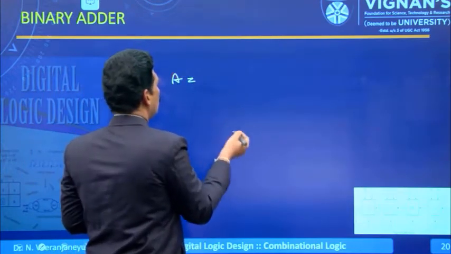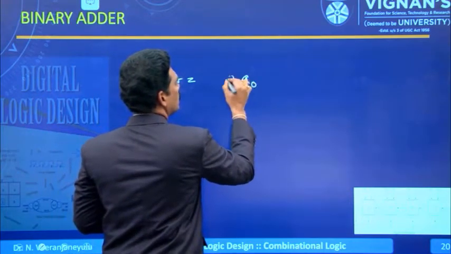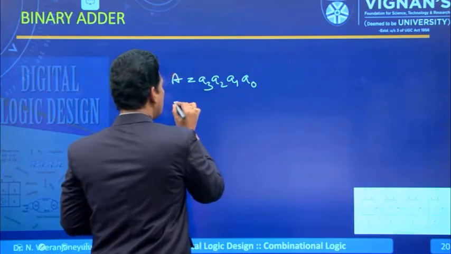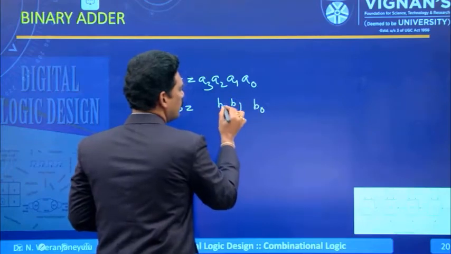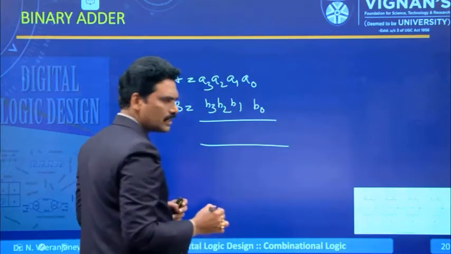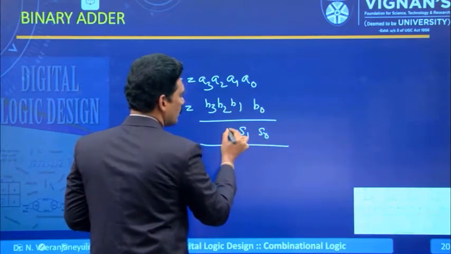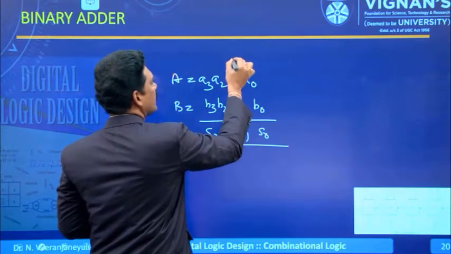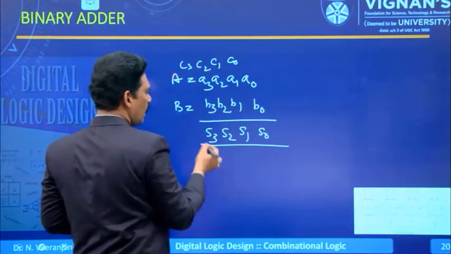We have two values, A equal to A0, A1, A2, A3, and B equal to B0, B1, B2, B3, and we are going to perform addition operation here. The sum is S0, S1, S2, S3. If we get carry, C0, C1, C2, C3, and S4.